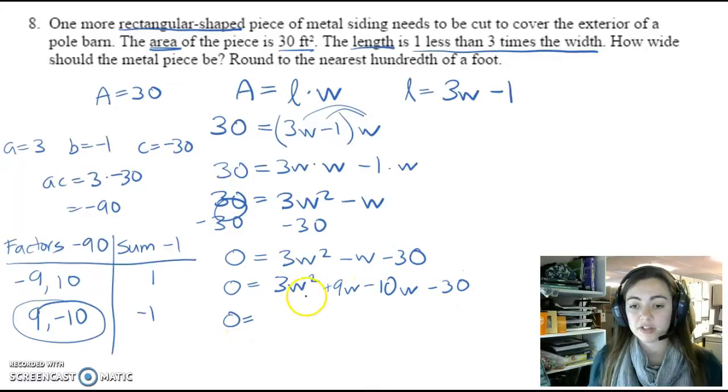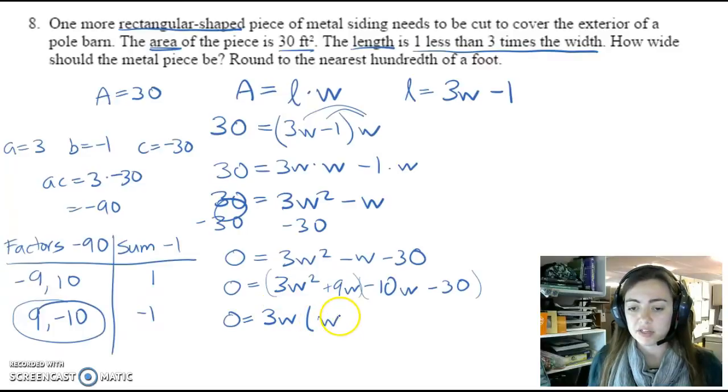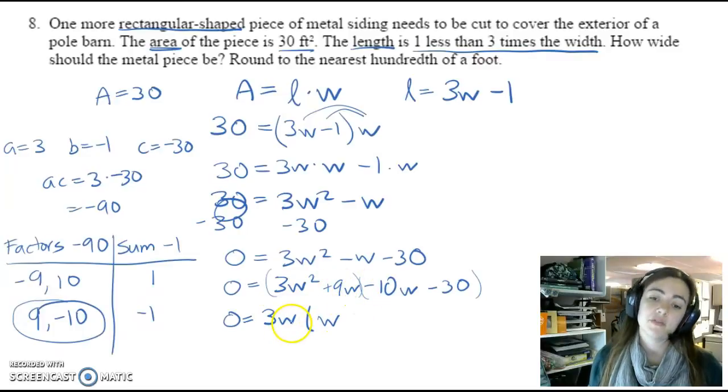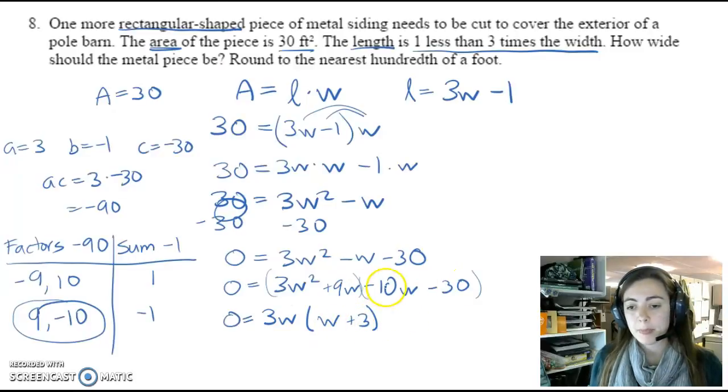Now we can start thinking of these as two different groupings. Let's look at the greatest common factor. I see 3w. 3w squared divided by 3w would just be w. 9w divided by 3w would just be 3. The greatest common factor between negative 10w and negative 30, I know it's going to be negative.